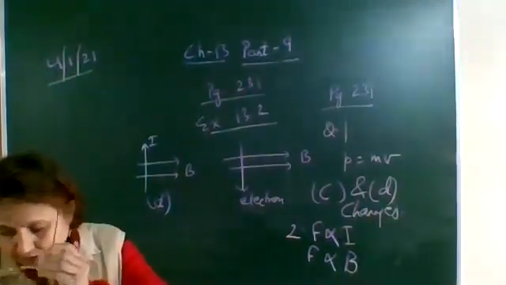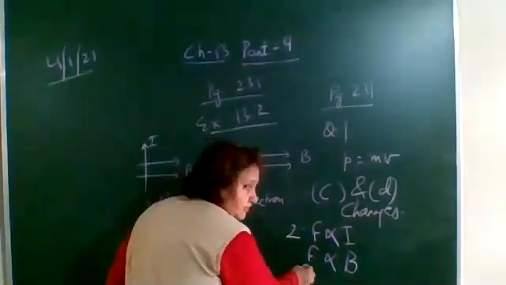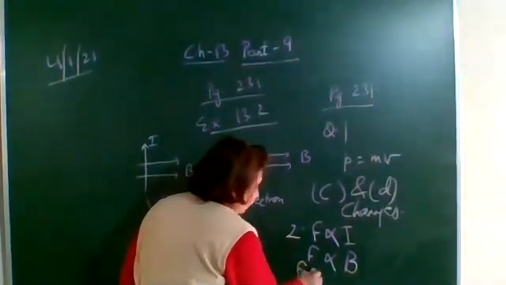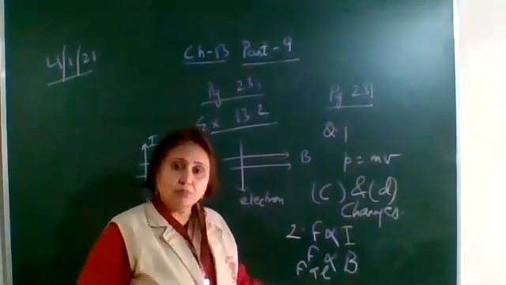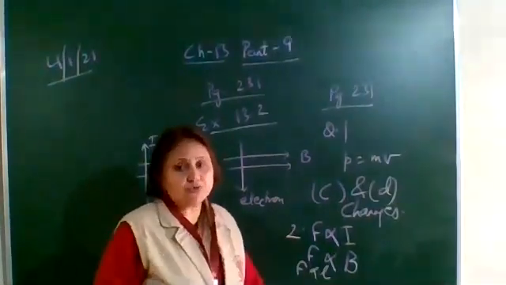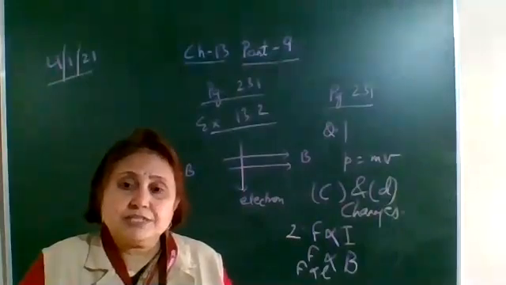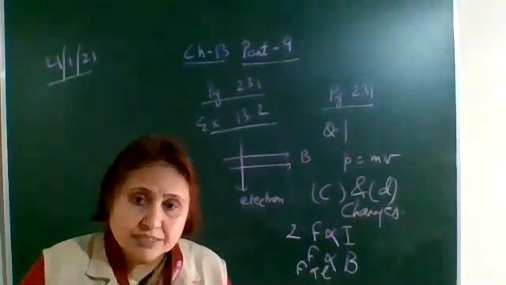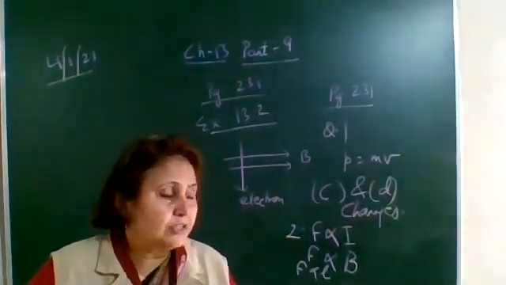The third is the length of the rod is increased. Force is also directly proportional to the length of the rod. The more the length of the rod, the more it will be displaced, that is, more force it will experience. So in all the three cases, the force increases: when the current is increased, when the magnetic field is increased, and when the length of the rod is increased.